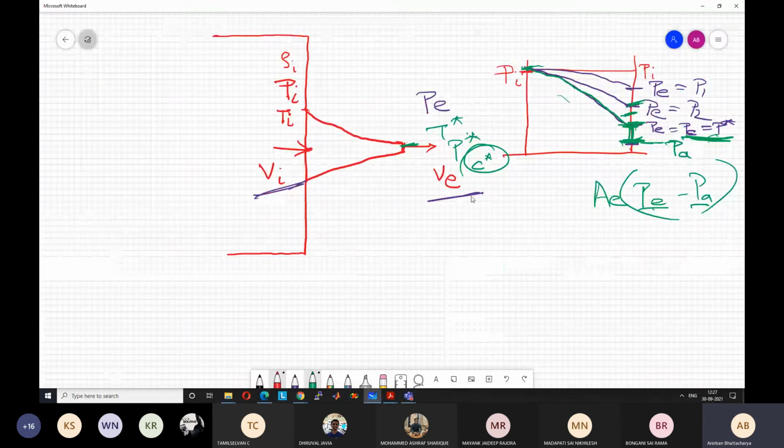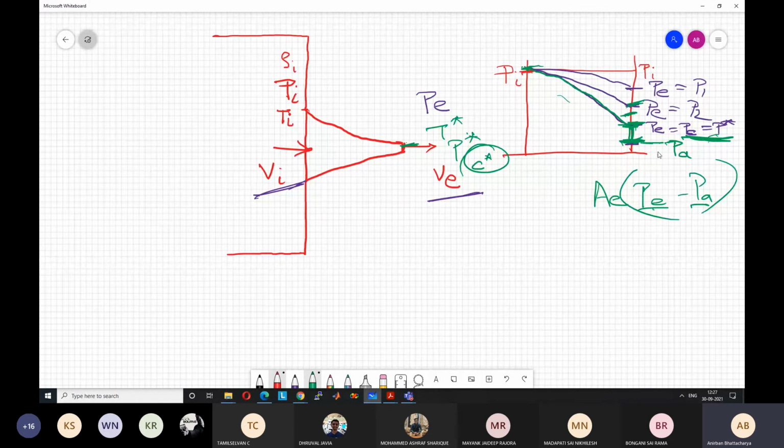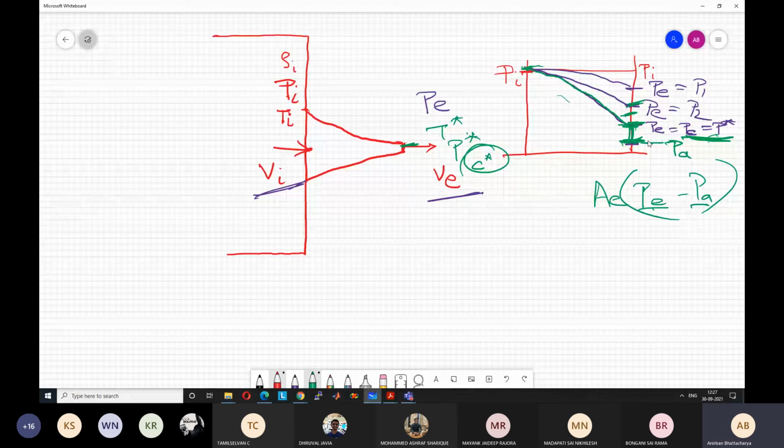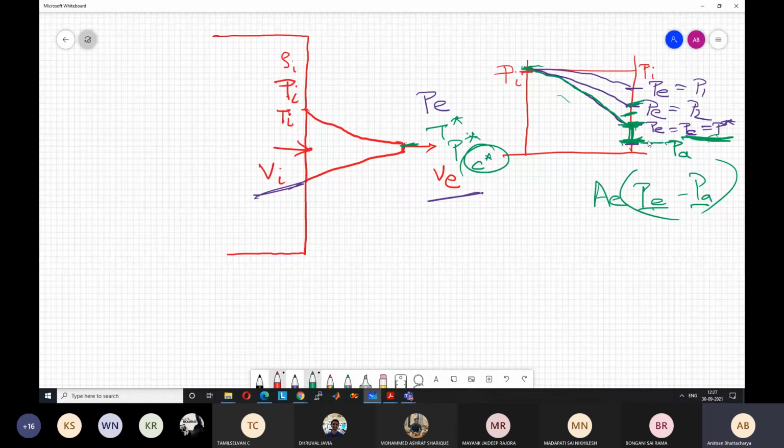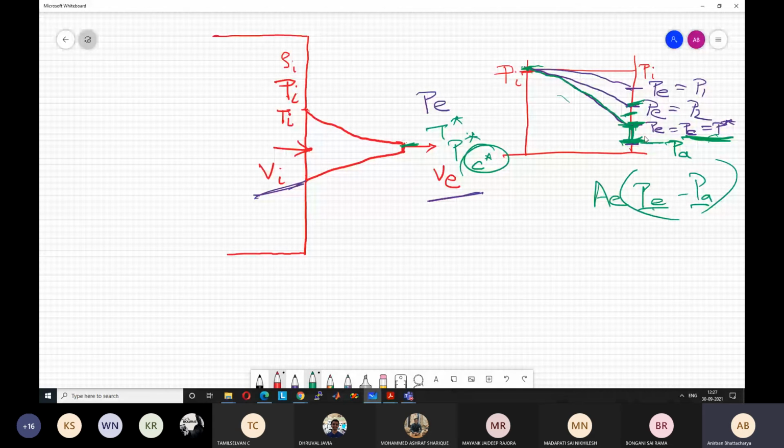Pressure thrust is not as efficient as momentum thrust. You want the extra pressure to be used up for generating momentum. So if you had a convergent divergent nozzle, it would have been more efficient. But because it is too costly or expensive, we use a convergent nozzle, and we get at least some additional benefit as pressure thrust.